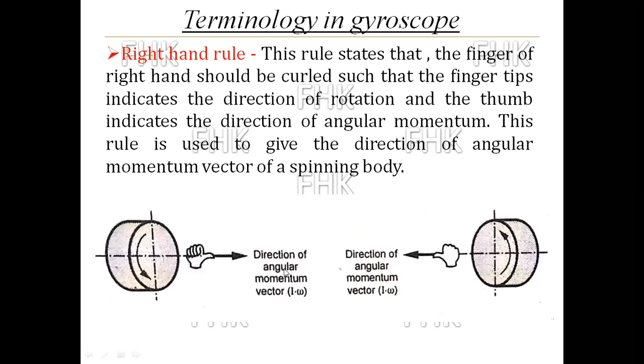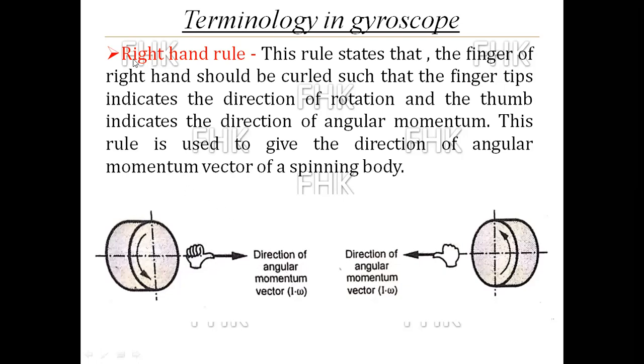The angular momentum is the product of mass moment of inertia and angular velocity, that is I omega. Since it is a vector quantity, it has magnitude as well as direction. So what is the method to find out the direction of angular momentum?